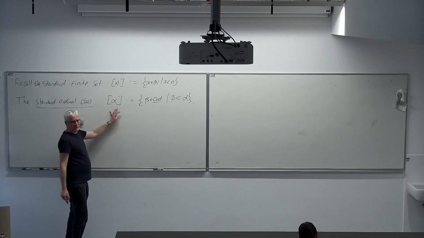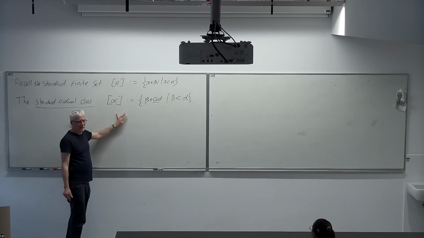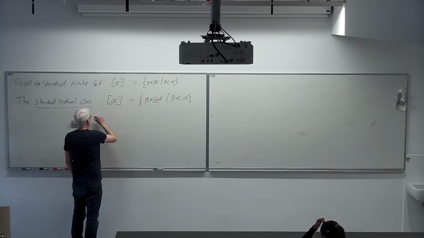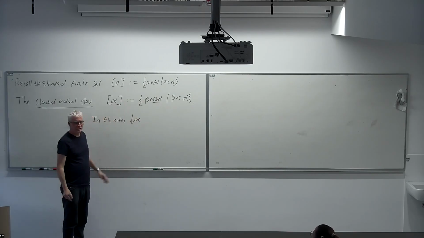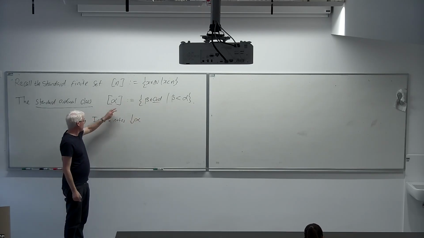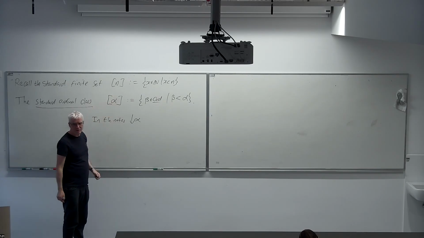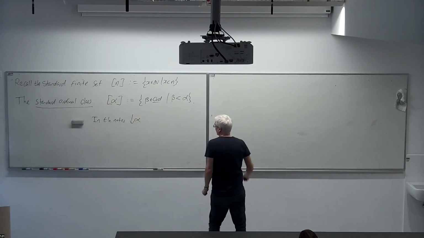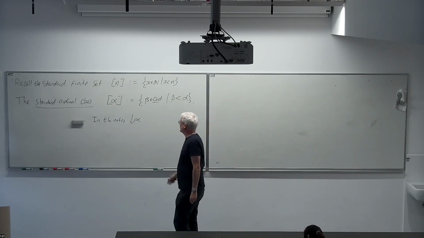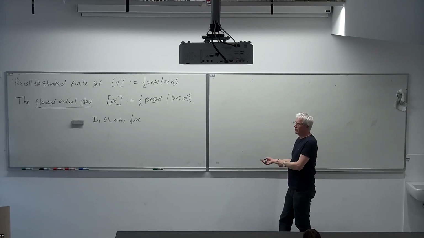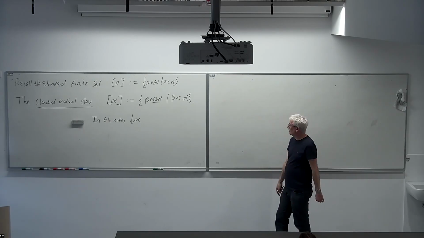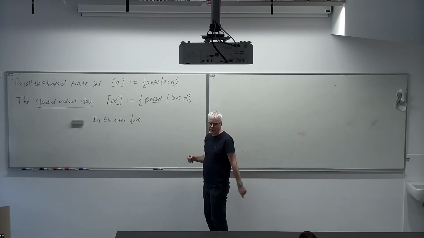And just to say, I decided to use this notation 5 minutes ago. In my handwritten notes, I use the notation down arrow alpha, but it seems sensible to unify it with the notation we have for the natural numbers. So every ordinal determines the class of ordinals strictly below it.